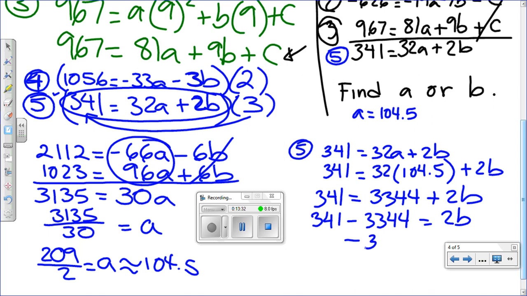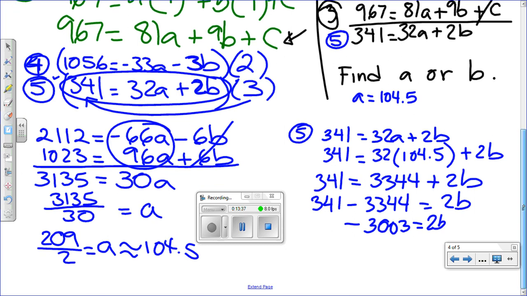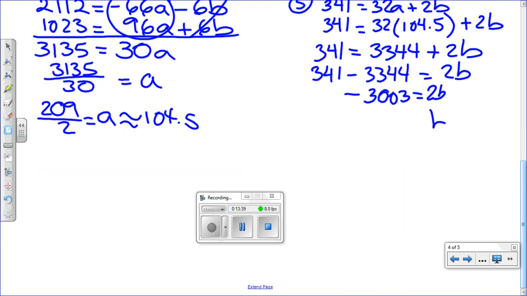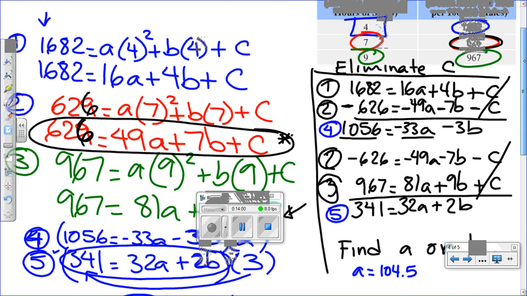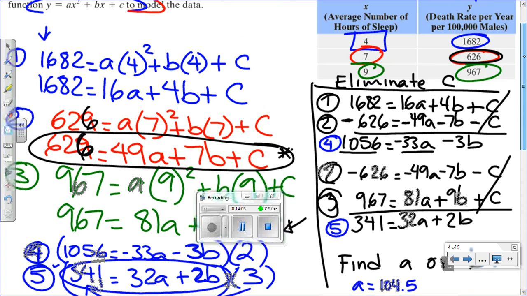So we will get a negative 3,003. And so just to solve for b, quickly, it will be that negative 3,003 divided by 2. So then b is going to be equal to negative 1,501.5.